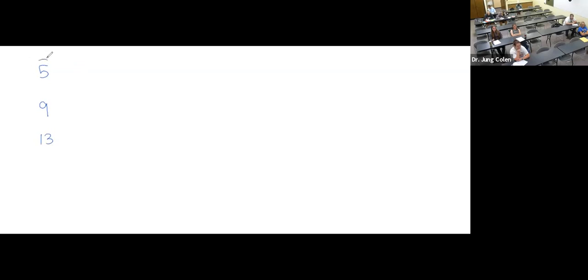So this is the first term, right? And we added 4 to that. The second term, and added 4 to the third term, and so on. So the first term is equal to 5. A sub 1 is 5. And a sub 2 is what? 5 plus 4. I added 4 to that.